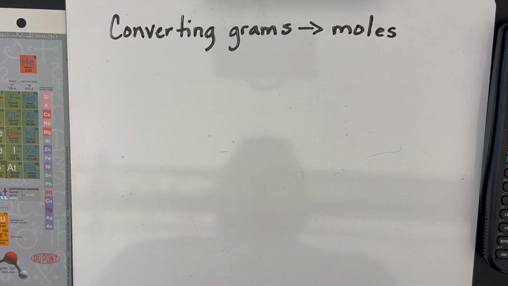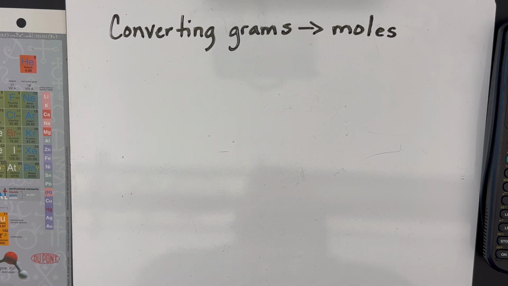In this video, I'll be talking about how you convert grams to moles or moles to grams. In every stoichiometry problem that you have, those are problems where you have a balanced equation and you're given grams of either a reactant or product and asked about grams of another reactant or product.